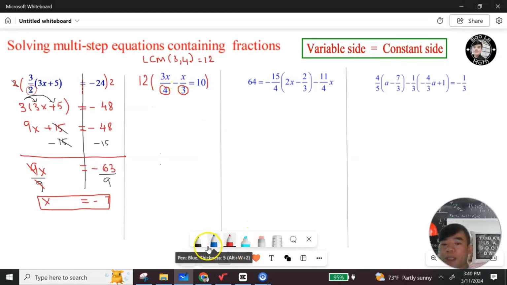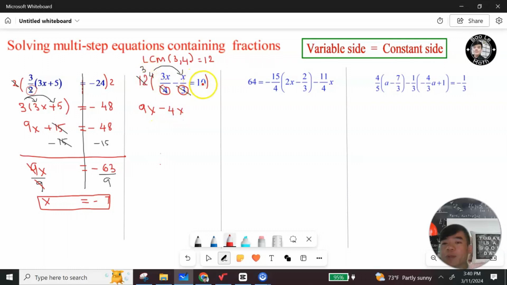So when I multiply both sides by 12, what happens? The 12 and the 4 cancel out, and we have 3 left. I multiply 3 by 3s, so it's 9s. Next one: 12 and 12 simplify to 3, this one is gone, and this one is 4. So I multiply 4 by this, and it is negative 4s.